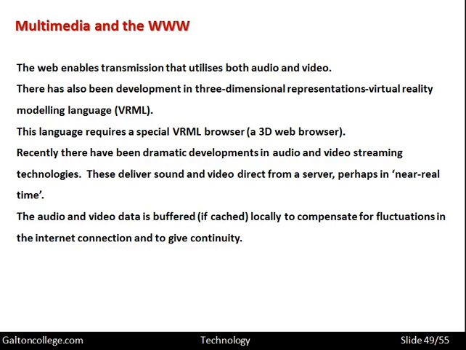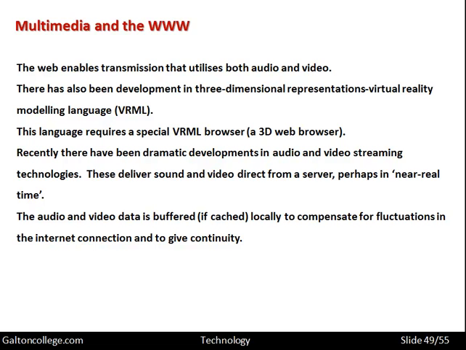Audio and visual data is buffered, it's cached locally to compensate for fluctuations in internet connections and to give continuity. Well, buffering was more of an issue in the past, and we all experienced it when we tried to stream a video, for example. We had to wait for the video to buffer. In other words, take enough data into memory and then continue to download the data, but we could enjoy the video off the buffered memory.